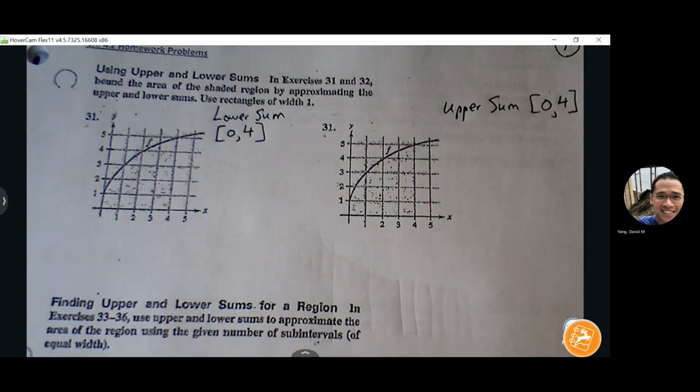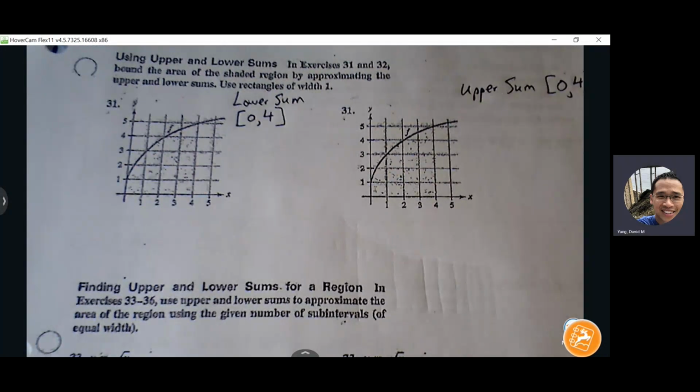But I copied the same diagram twice so that we don't have to overlap and make it look confusing. The problem in the book is meant to shade the region from 0 to 4. So we want to approximate the area using lower sum for the first diagram, and then for the second diagram, we'll create an upper sum, and we'll find the approximated area.